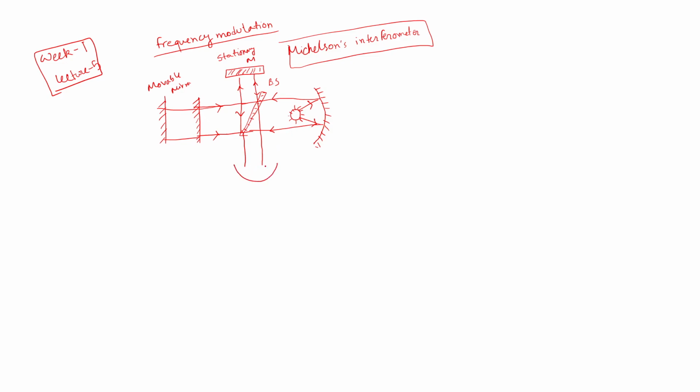It will fall onto some parabolic mirrors, where no light will be lost, and it will come to the detector. At the focus of the parabolic mirror, the detector is kept. This is the detector and this is the source. So what Sir showed, let me tell you.